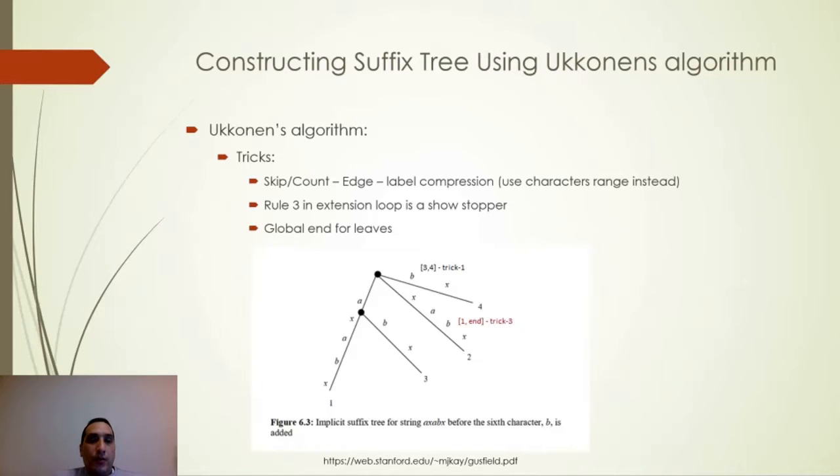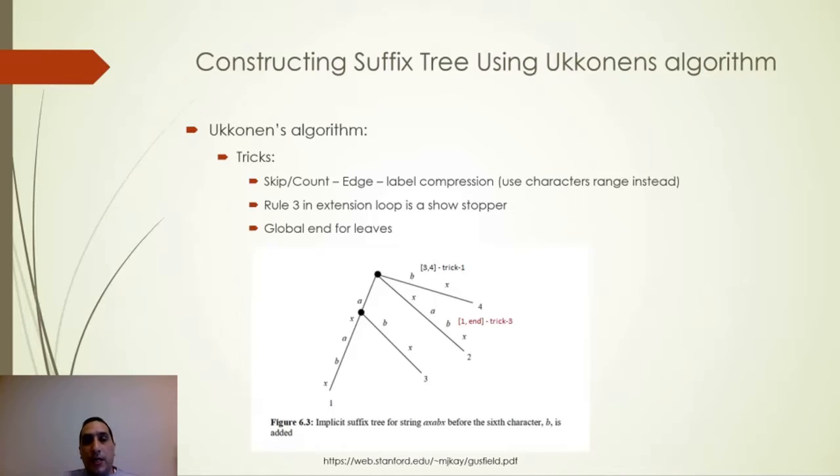Otherwise, we skip to the last character on that edge. Also, when labeling the edge, it was found that it is easier to label it with a range of character positions with respect to the string under analysis. And therefore we'll see labels like, as shown in the diagram below, 3, 4, which means that the edge has the characters at positions 3 through 4 on the string, and so forth.